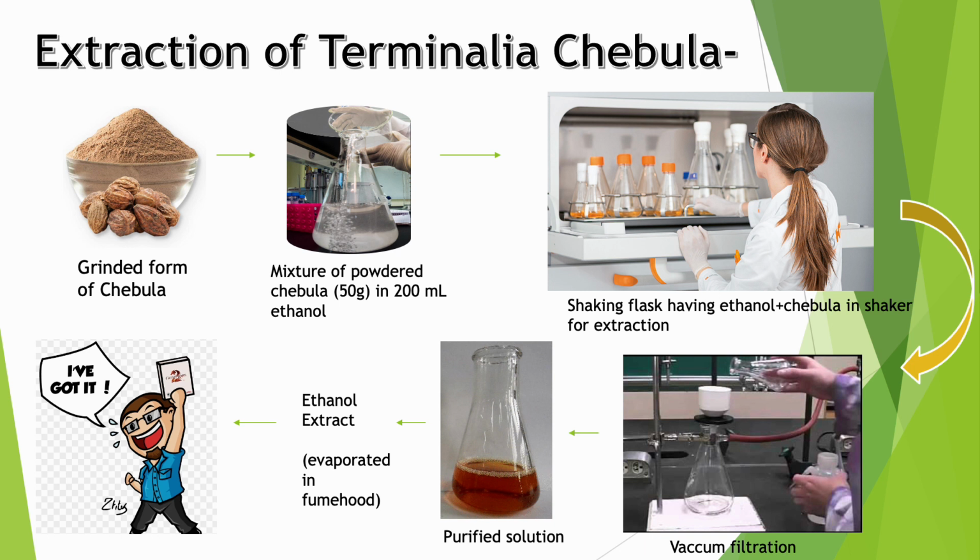This process is known as the ethanol extraction of Terminalia chebula. So now we have the extract of Terminalia chebula in broth form, which we are going to use for the further steps to complete our experiment.